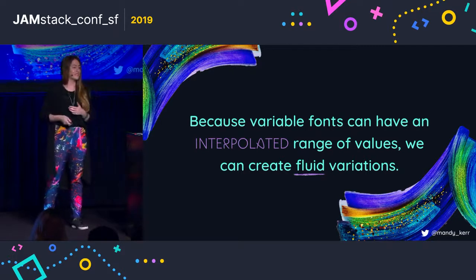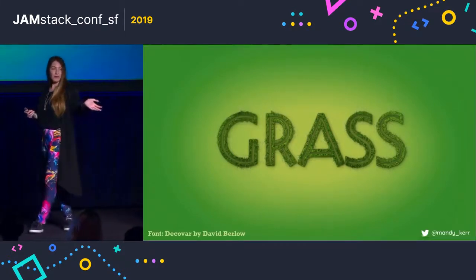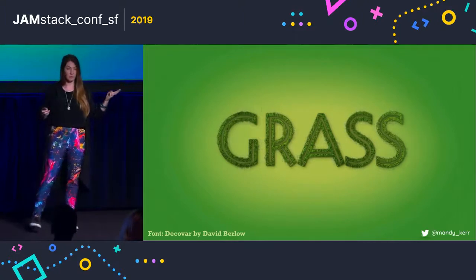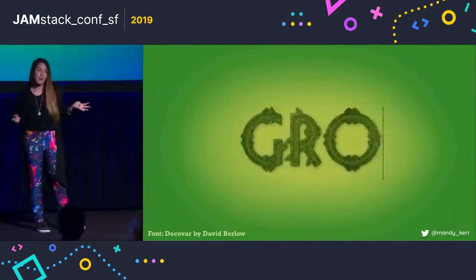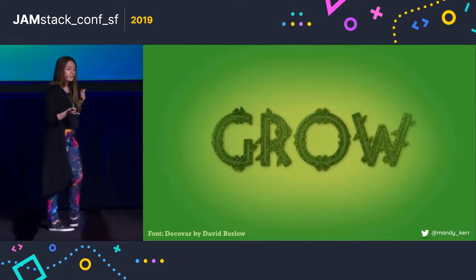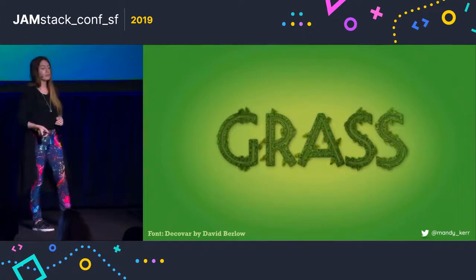But we can do this with just a little bit of CSS using techniques we're already familiar with. So this is an H1 and some CSS. It's editable, selectable, searchable, copy and paste it. It's accessible via a screen reader. And it'll work pretty much everywhere that supports variable fonts.